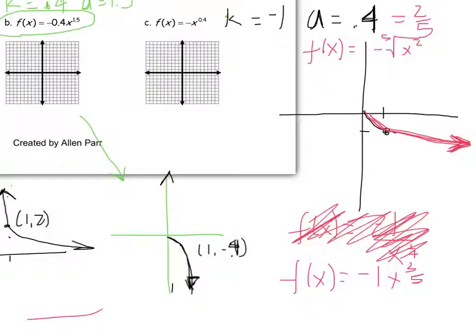it's going to be an even function because if I substitute a negative x into this right here, I'm always going to square that negative and it's going to become positive.